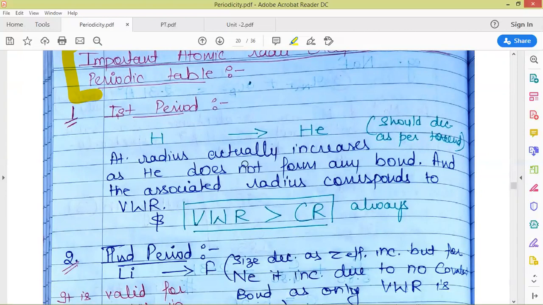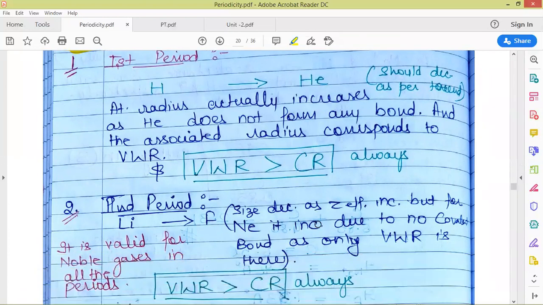This is because helium does not form any type of bonding. The atomic radius associated with helium is the van der Waals radius, and van der Waals radius is always bigger than the covalent radius, whatever be the case. So this is why helium is bigger in size than hydrogen.